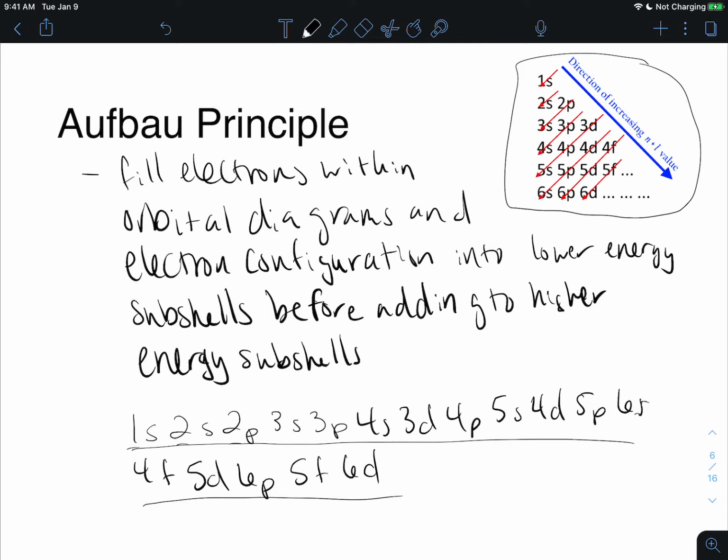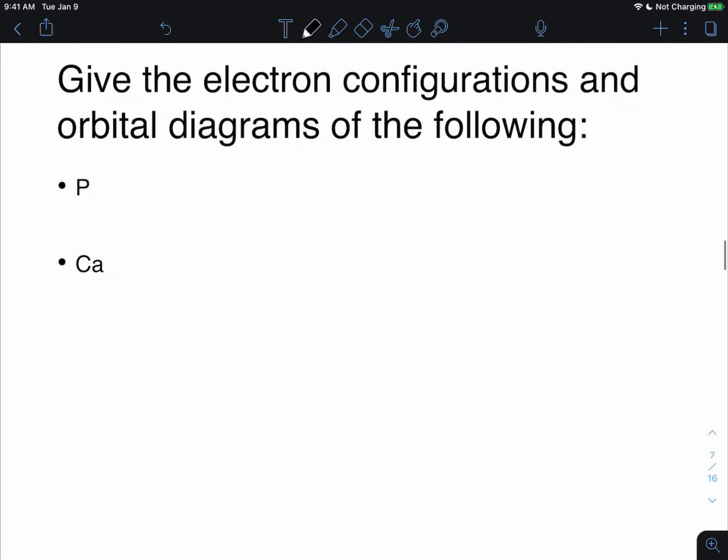Okay? So let's try this out. Let's give the electron configurations and orbital diagrams of the following: phosphorus and calcium. So phosphorus has a total of 15 electrons. Calcium has 20 electrons. It's always good when you're doing these diagrams to first count how many electrons you have.